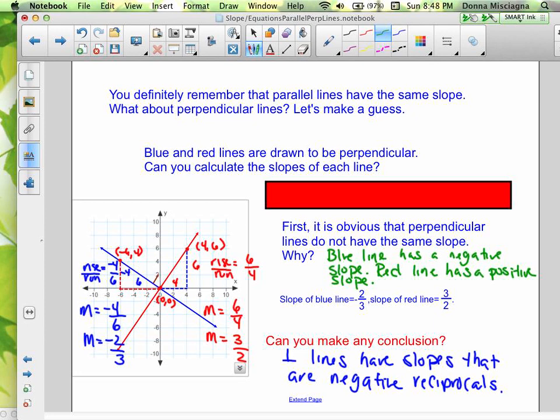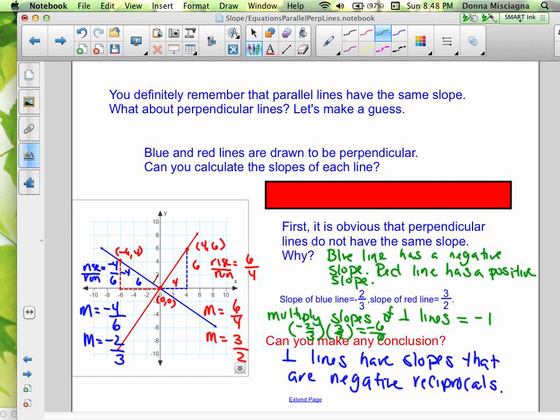Something else that's true: if you multiply the slopes of perpendicular lines, they equal -1. So for instance, if I multiply -2/3 times 3/2, even if I don't cross reduce when I multiply, I can still see that we have -6 in the numerator, since -2 times 3 is -6, and 3 times 2 is 6.